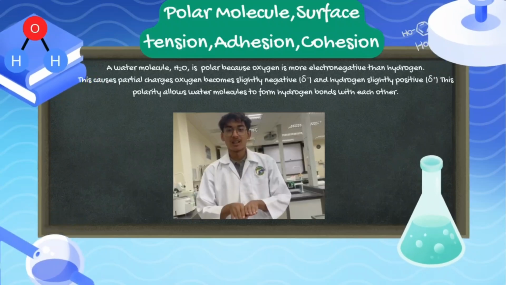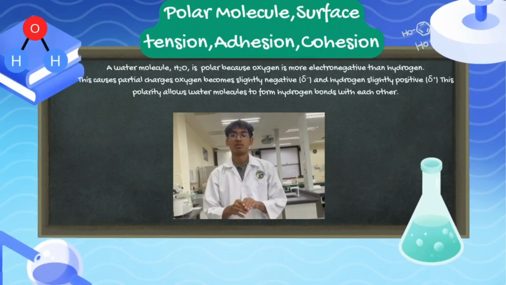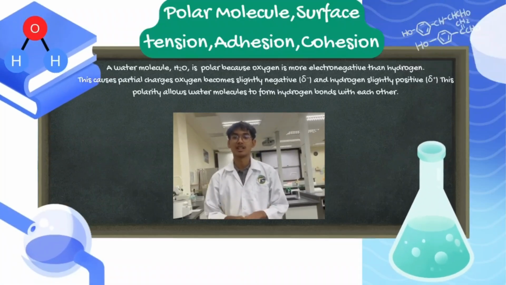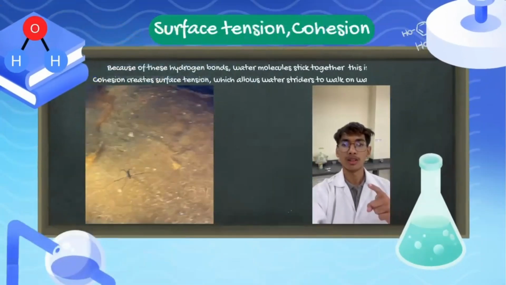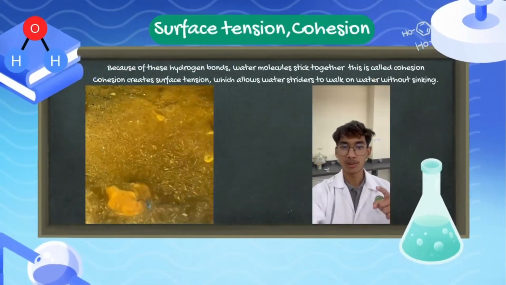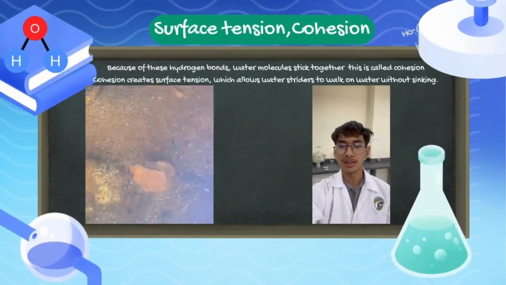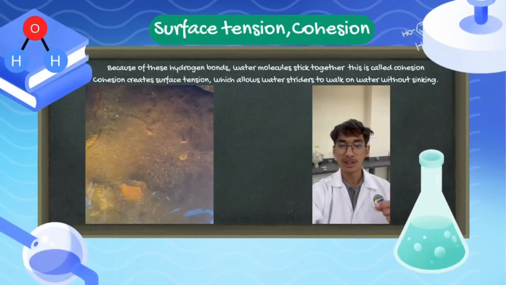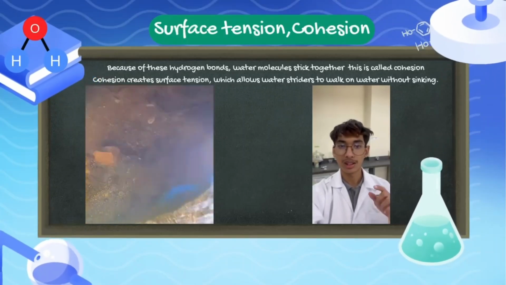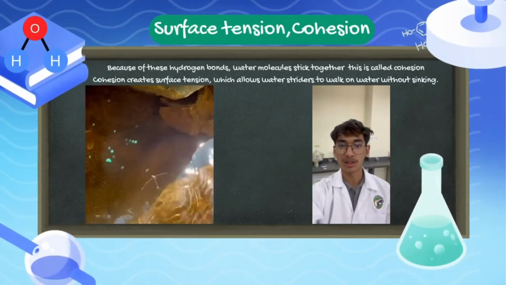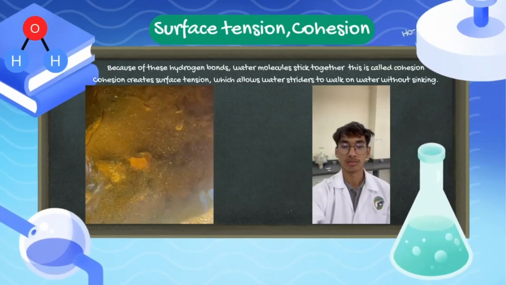This polarity allows water molecules to form hydrogen bonds with each other. Because of these hydrogen bonds, water molecules stick together. This is called cohesion. Cohesion creates surface tension, which allows water striders to walk on water without sinking.